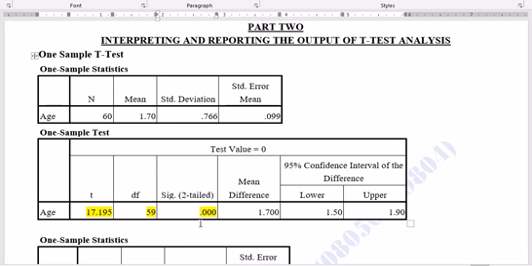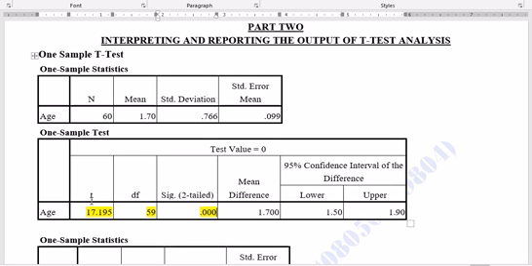Why? Because 0.00 is less than 0.05. If you remember, we use either 0.05 or 0.01, and here today we have 0.00, less than 0.05. Anytime you have a number here less than 0.05, we say the result is statistically significant.